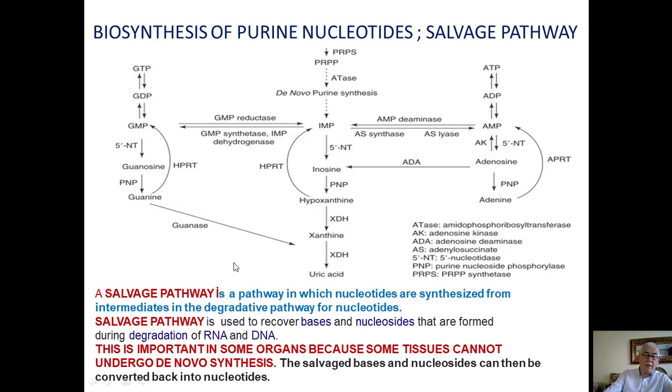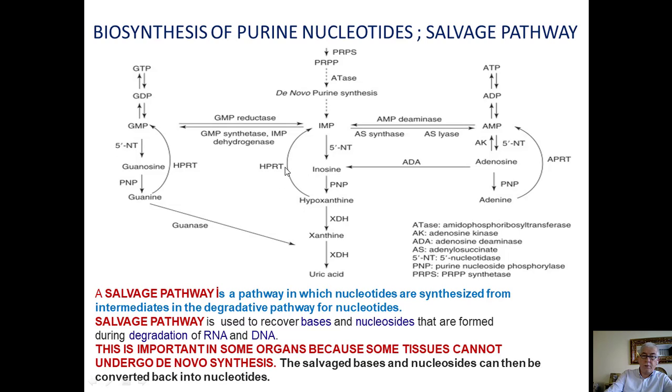It's a good alternative for us compared with de novo synthesis, because only one step, only one enzyme is responsible for production of nucleotide. It's a very big advantage especially for brain tissue.